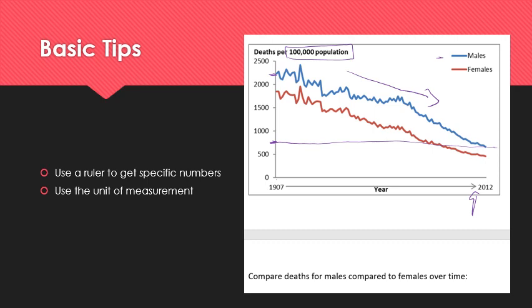This is the big one that people don't do properly: using a ruler to get that specific number that you can compare, and using the unit of measurement, which in this case is deaths per 100,000. So in this one it says that in 2012 the deaths were 780 deaths per 100,000 population.